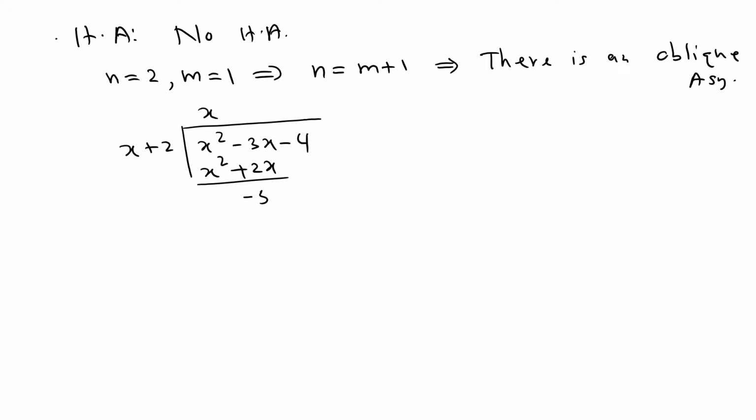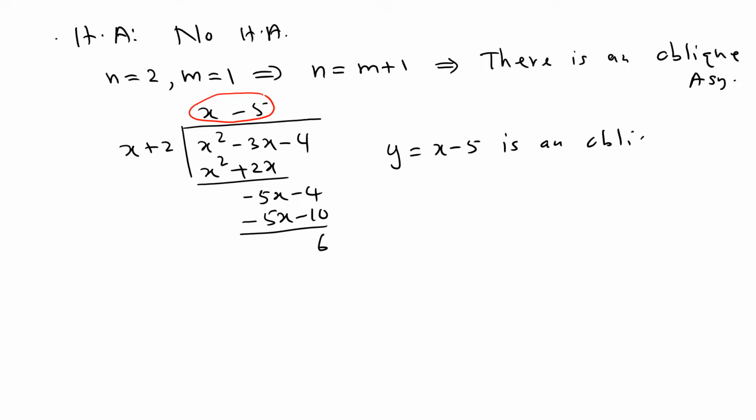You get negative 5x. I move the negative 4 down, so the missing number is negative 5. Multiply by negative 5, so negative 5x and negative 10. Again, change the sign and add. You get 6. So this is the quotient, and that's going to give you the oblique asymptote. You can see y equals x minus 5 is an oblique asymptote.